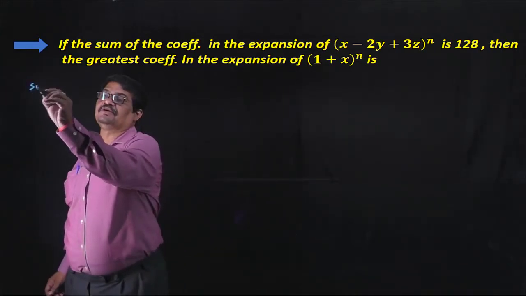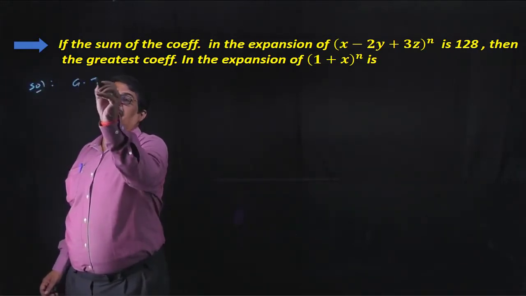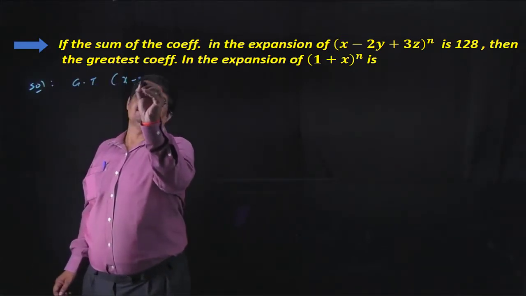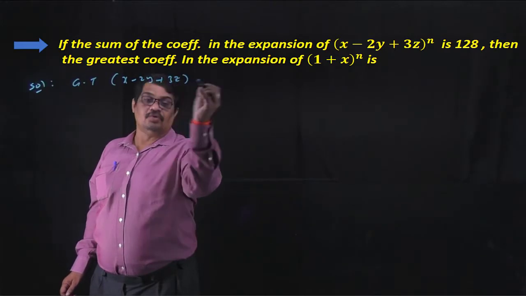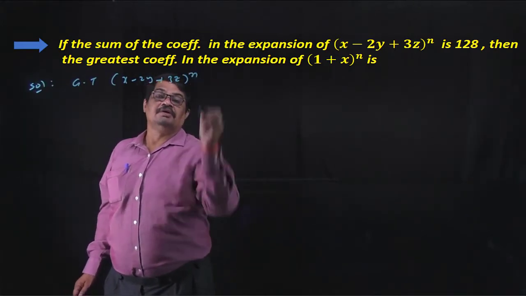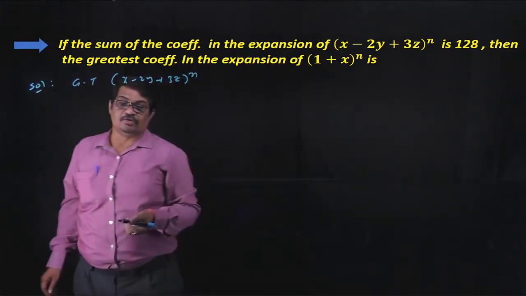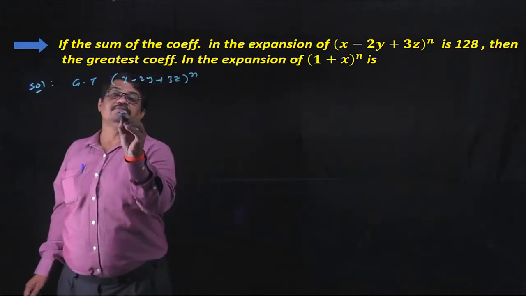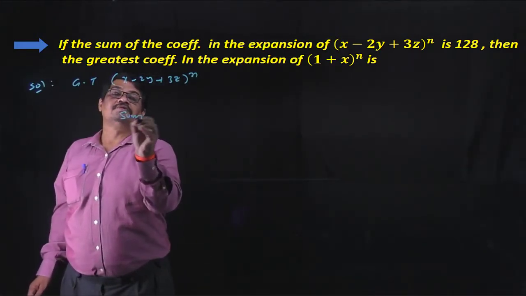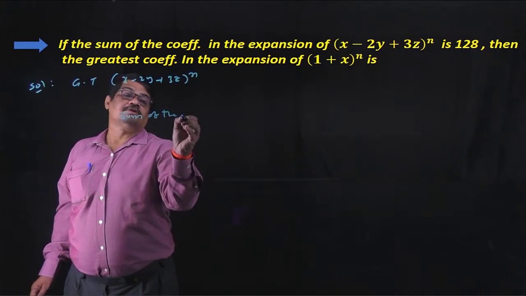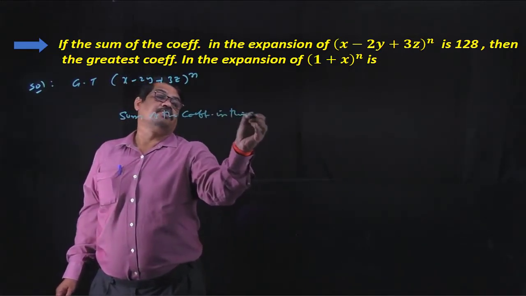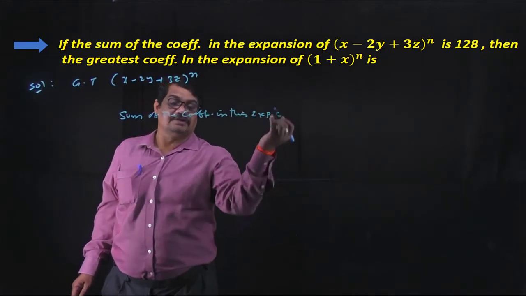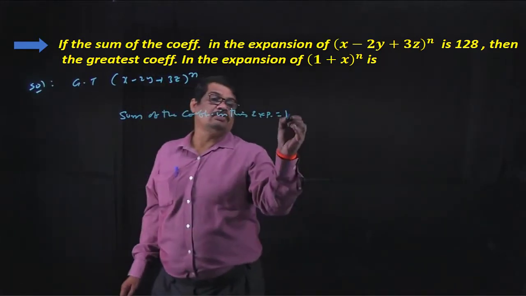The given expression is (x - 2y + 3z)^n. In that, the sum of the coefficients in this expansion is given, that is 128.